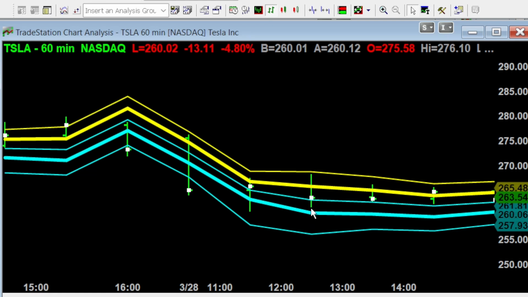For example, this 60 minutes when it opens here, it has a tendency to increase up to this top yellow trend line, and then it means it's a high price and it will drop down, and when it drops down to this support line, the next day it still has a fluctuation.